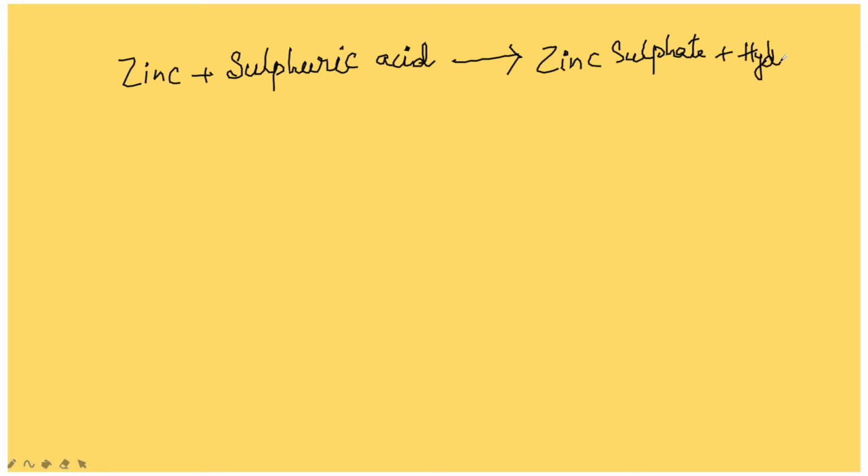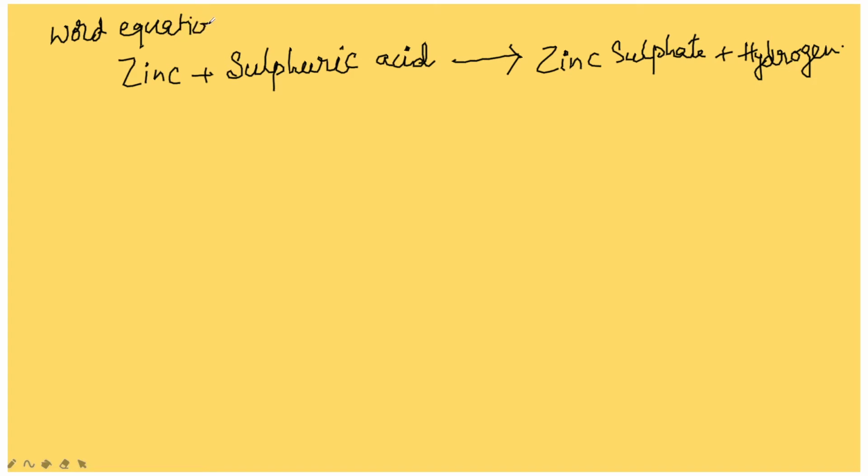Hydrogen gas. Okay, hydrogen gas it is giving. So here we are writing the word equation. Zinc is a metal, sulfuric acid is an acid, we can take it in the dilute form. So that reacts and it gives zinc sulfate and hydrogen. So this is called a word equation. Which equation is it called? Word equation.